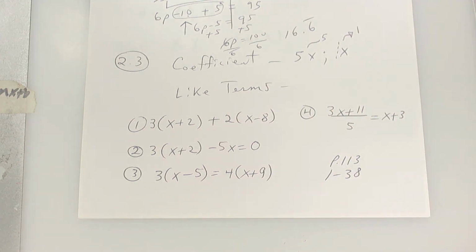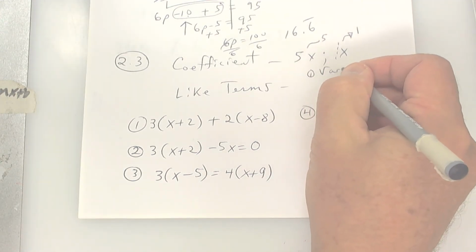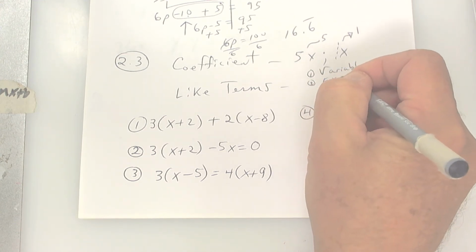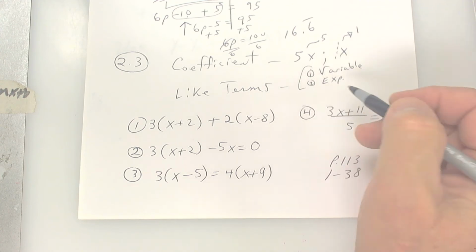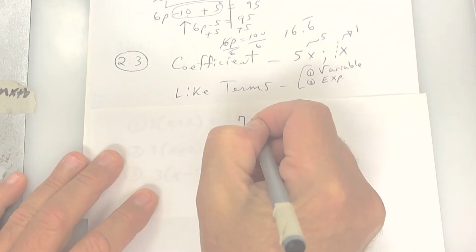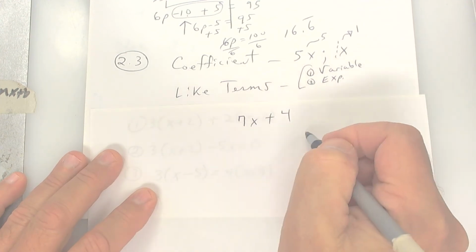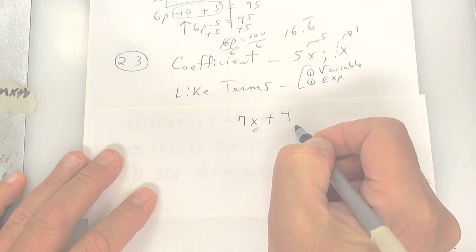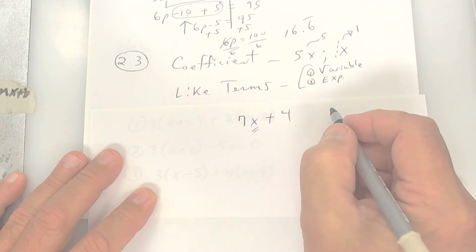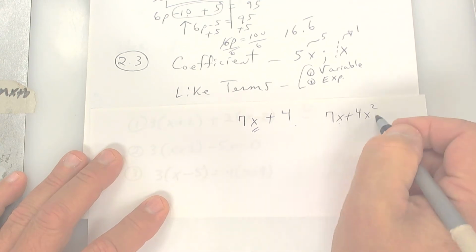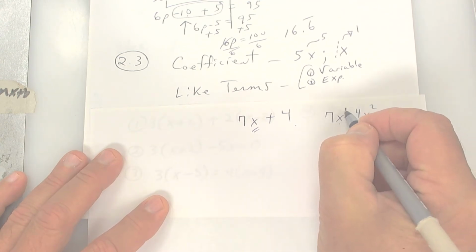Okay. Like terms have the same variable and the same exponent. Okay, so it's got to have two things to be like terms. For example, if you take 7x plus 4, these are not like terms because this one has an x, this one does not have an x. So you can't add those up. If you have 7x rather plus 4x squared, this has an exponent of 1.